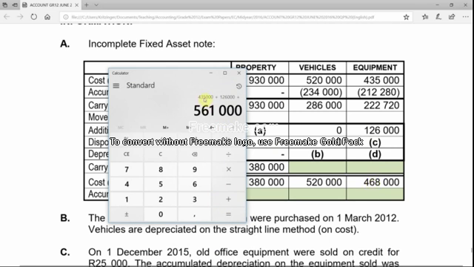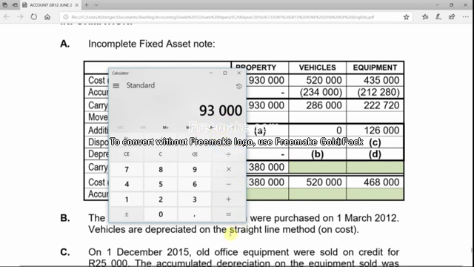So let's swim the minus C across the river to the right hand side. It becomes a plus. Then the 468,000 we have to swim to the left hand side. In other words, we have to subtract 468,000. That will give us 93,000 Rand.